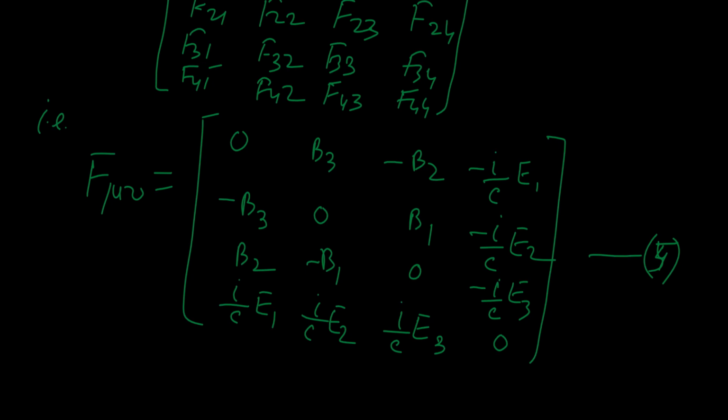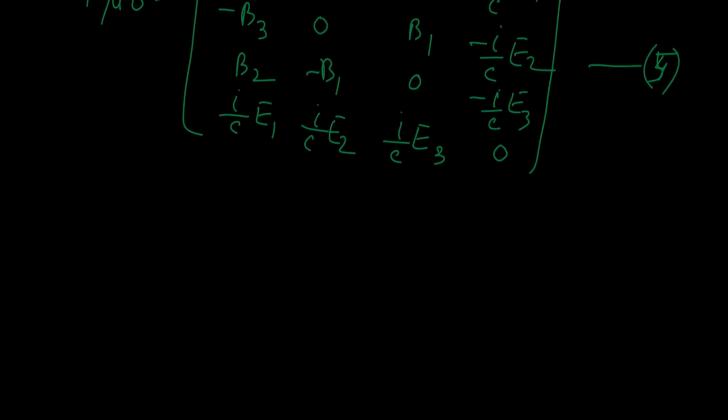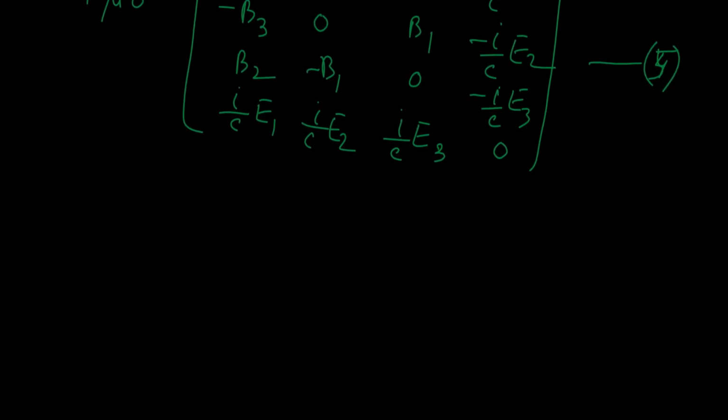In fact, this quantity F mu nu, which has 16 components in the 4D space, is neither a scalar nor a vector, but it is a tensor of rank 2.